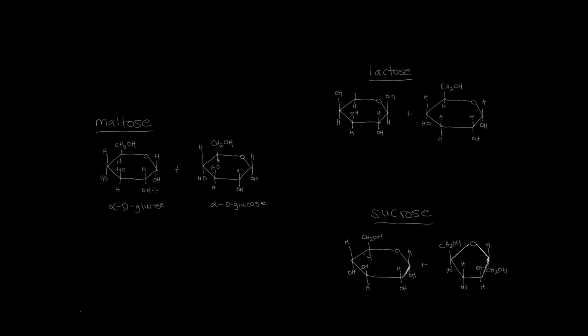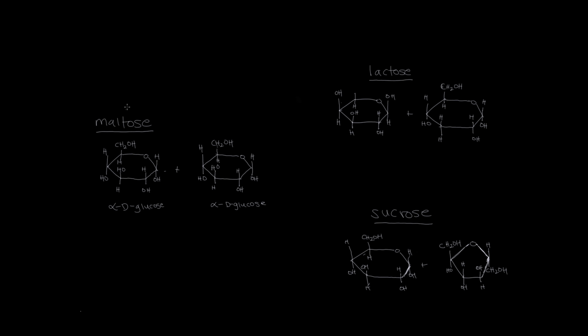And to get these two sugars to join together, we have to perform a dehydration reaction, which I just previously explained, in which the hydroxyl group of this sugar will bond with the hydrogen of this adjacent sugar, forming a water molecule.